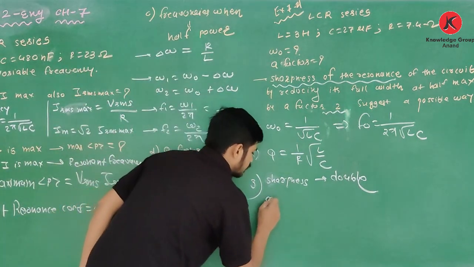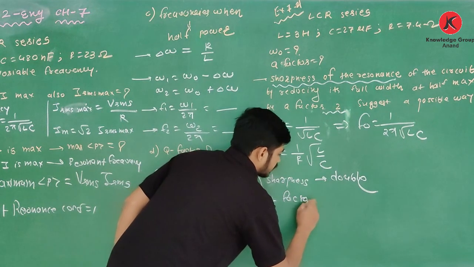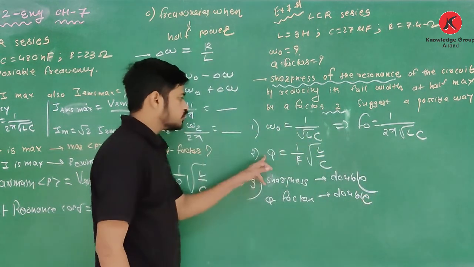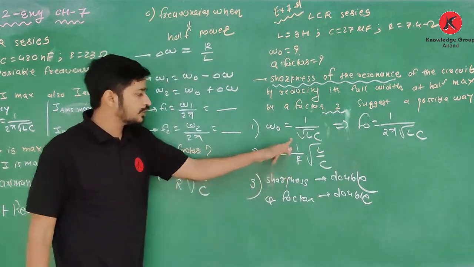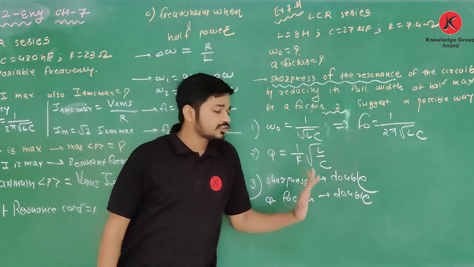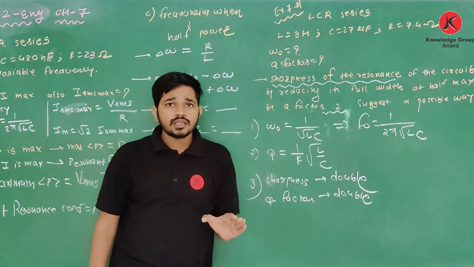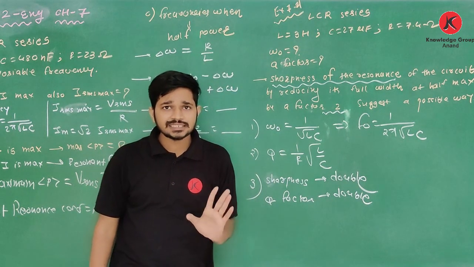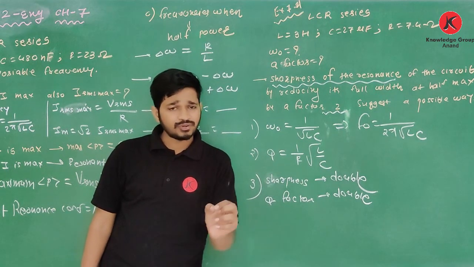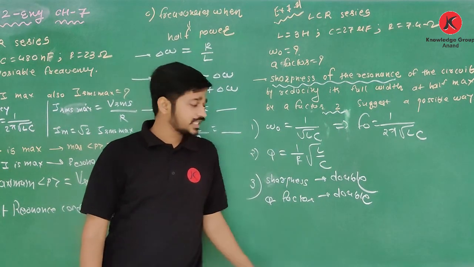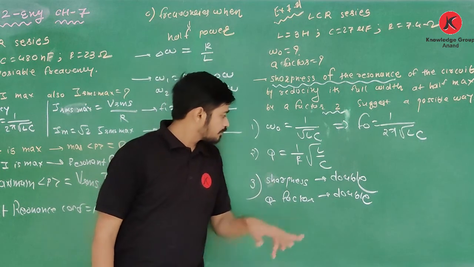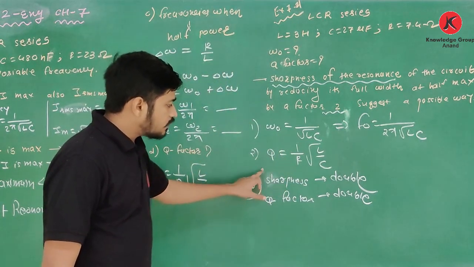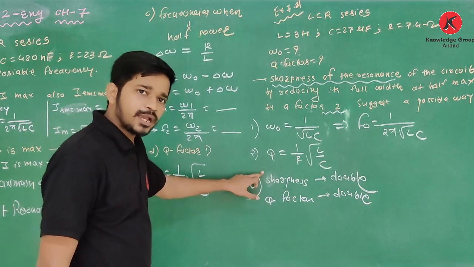So if you want to double the Q factor, see its equation: Q is equal to 1 upon R under root L upon C. Now in tuning, L and C are fixed for a particular frequency, so we can change the value of R. So Q and R are inversely proportional to each other. I want to increase sharpness by 2 times.